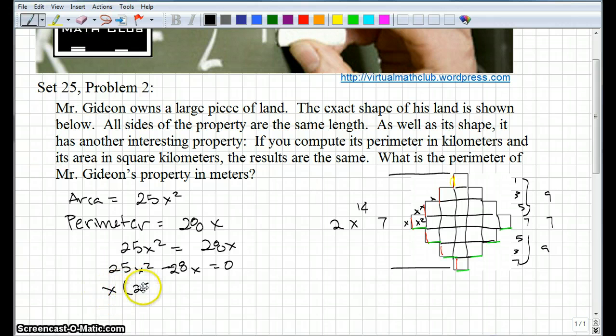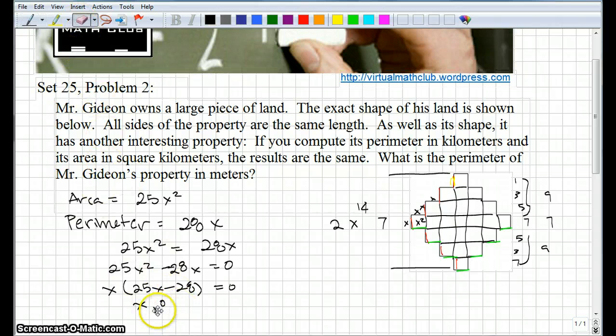And we have 25x minus 28 is equal to 0. So x would have to be equal to 0 or what? It'd be 28 25ths, right? That would give you this.